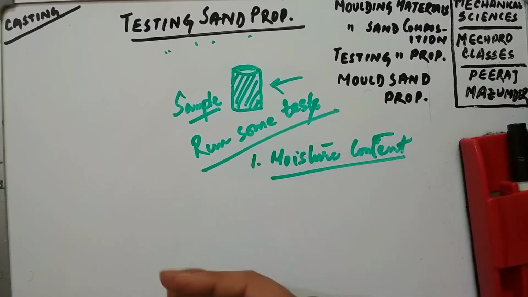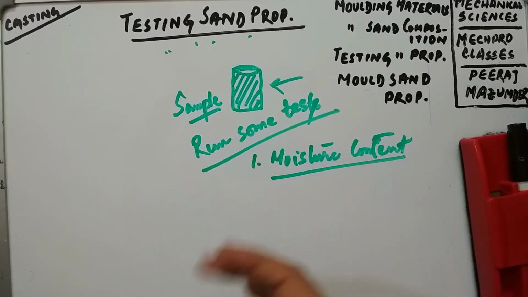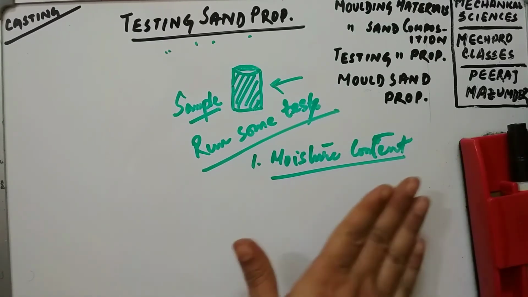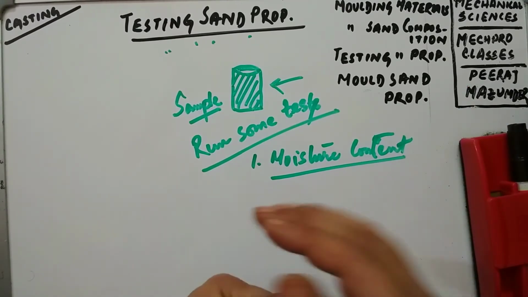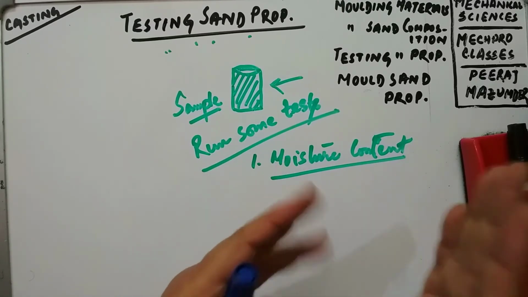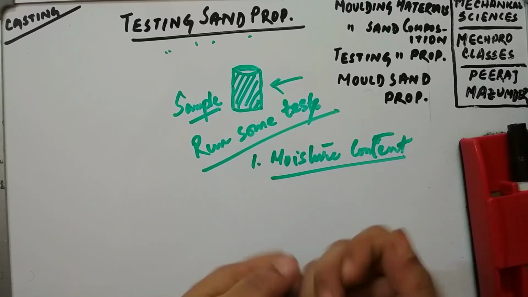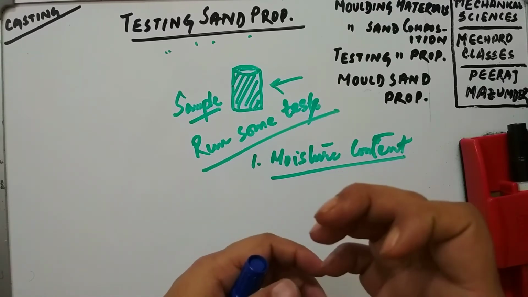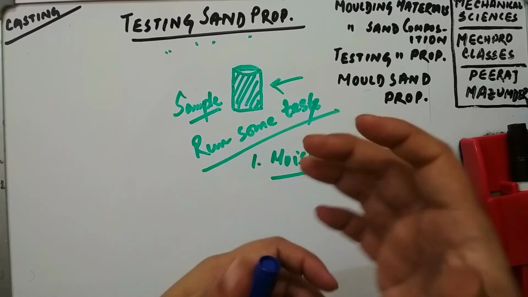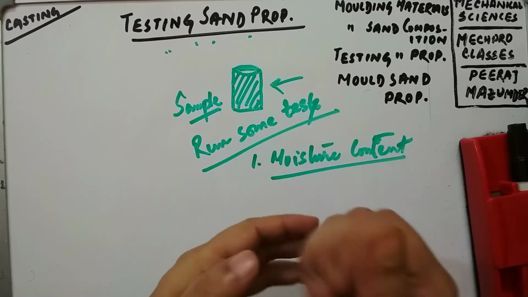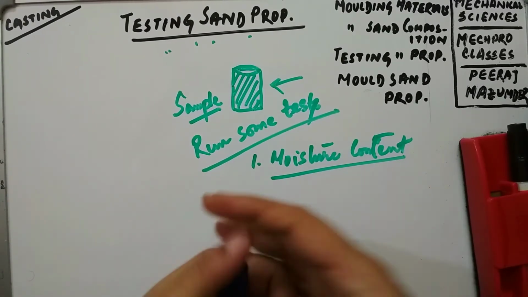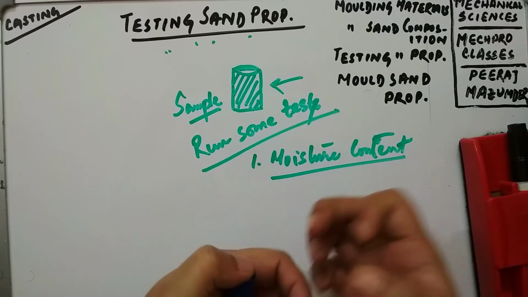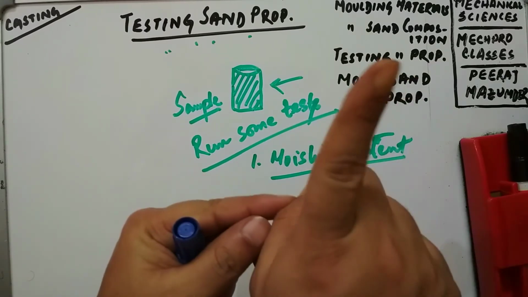When we perform this experiment in the workshop, you will learn the elaborate way of performing it. For now, just know that we have an experimental kit, also known as the moisture teller, which contains calcium carbide. The calcium carbide reacts with the water in the sample and produces a gas, which exerts pressure inside the chamber.